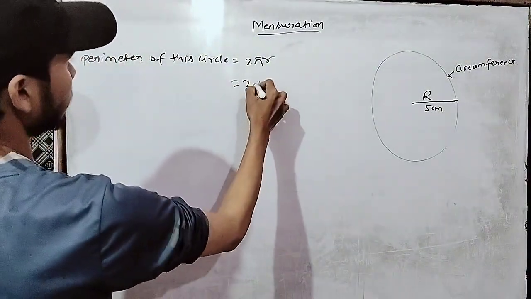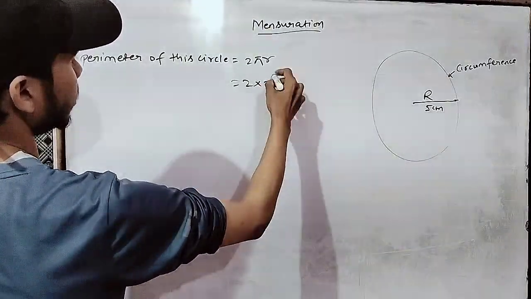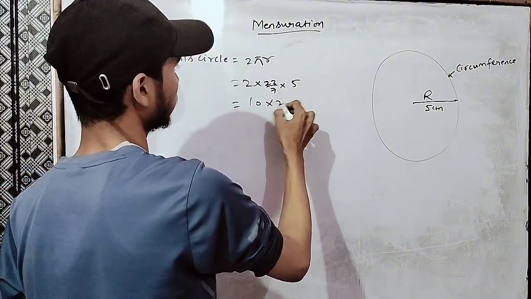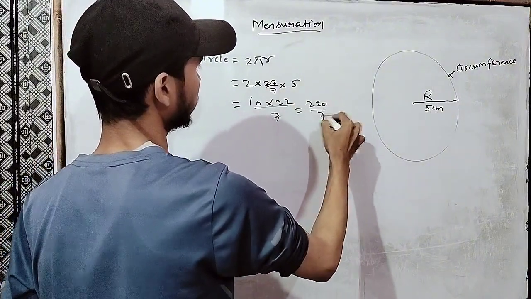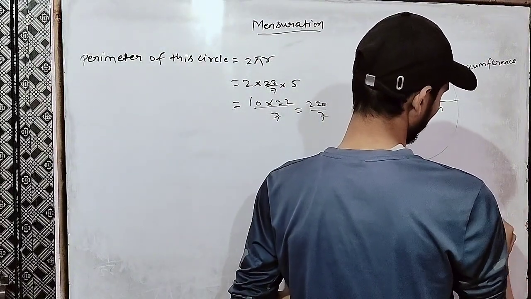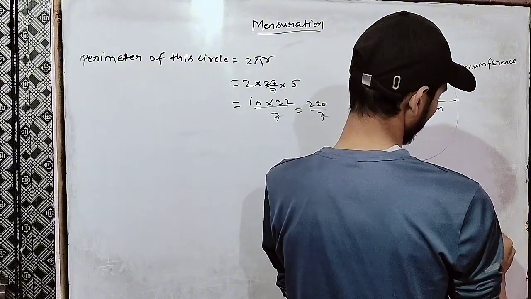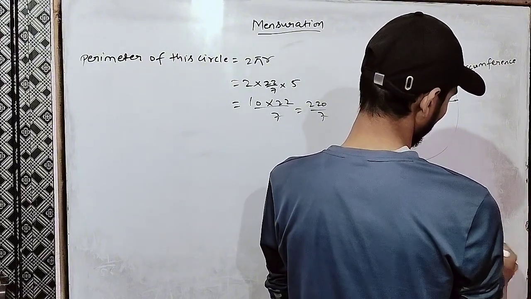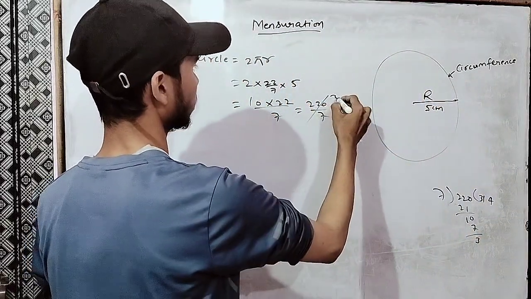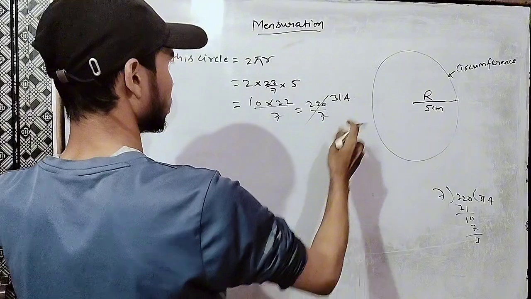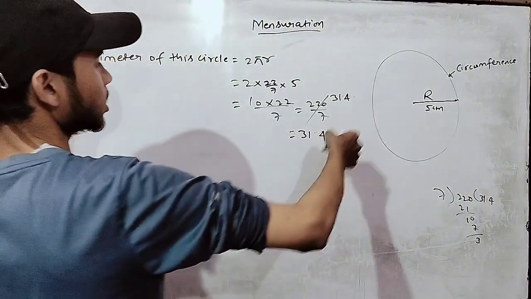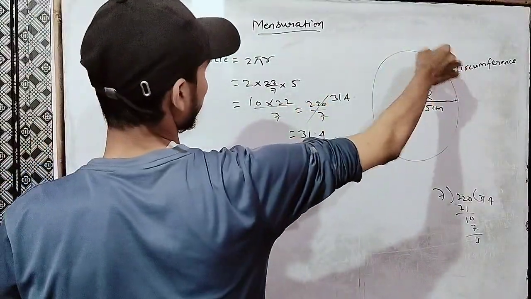So 2 times pi, and r is 5. 2 times 22 by 7 times 5 gives about 31.4. This is the length of this circumference.